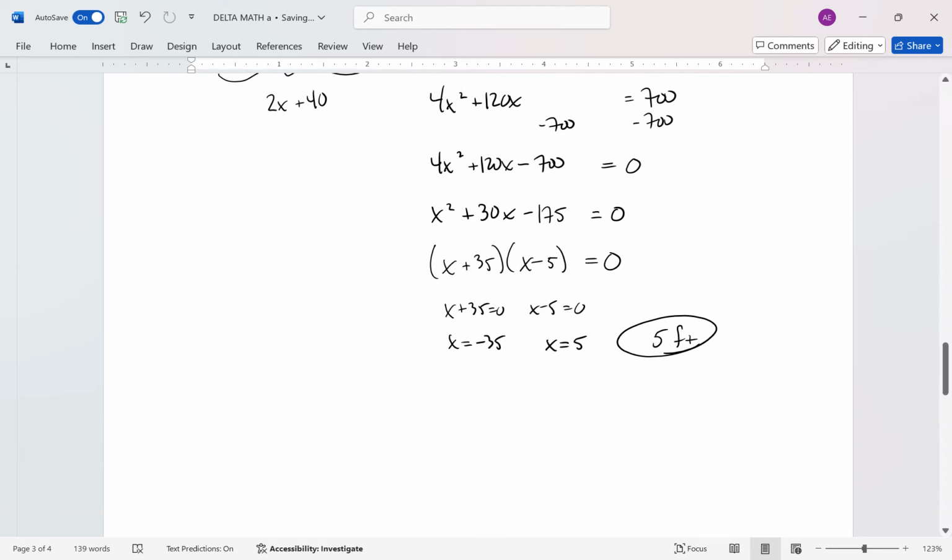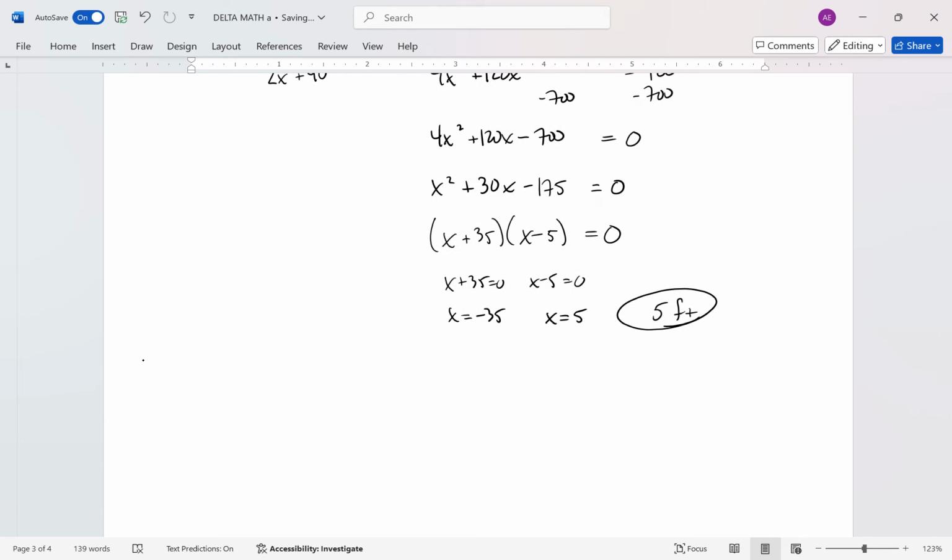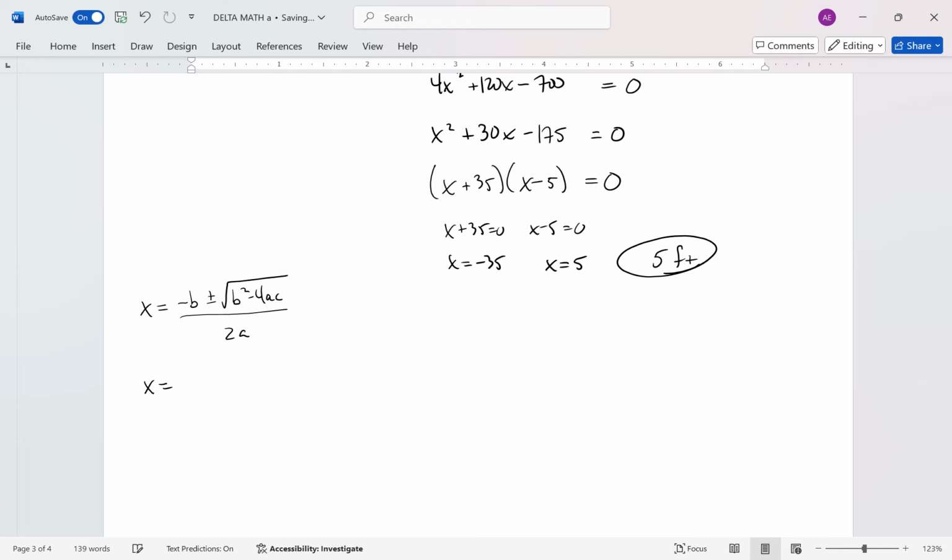The other way to solve this quadratic equation, if you need the support, would be to go to the quadratic formula using a is 1, b is 30, and c is negative 175. We'll get x equals the opposite of b, negative 30, plus minus the square root of 30 squared minus 4, a is 1, c is negative 175, all over 2.